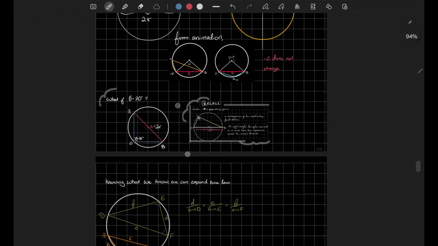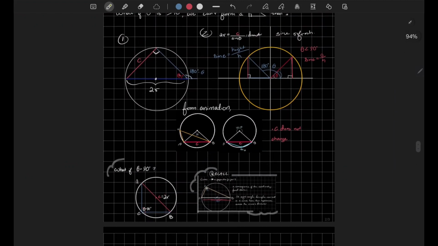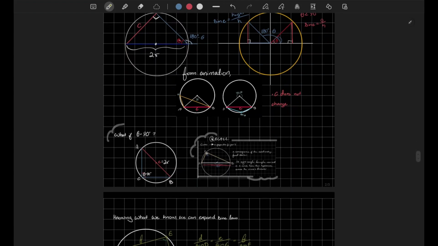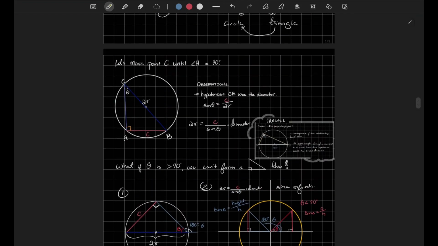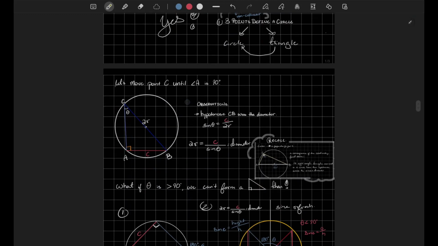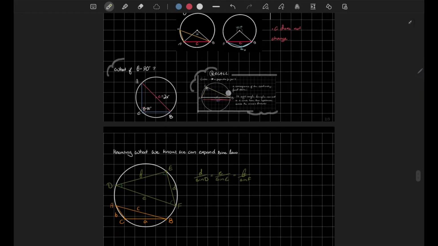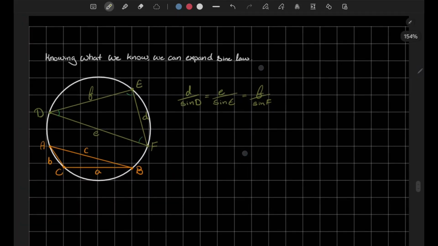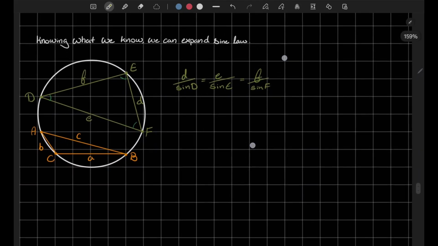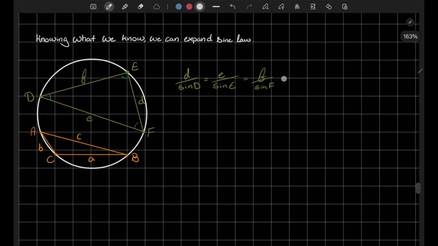Well, in all of our exploration, we didn't actually specify that this has to be the angle to the left or whatever. All of our arguments apply to every single angle on the triangle, so all 3 angles, okay? So we can equate this together. We're gonna get the 2R in all cases.